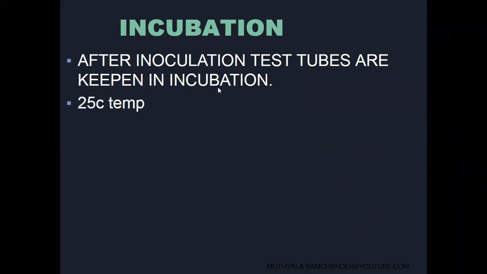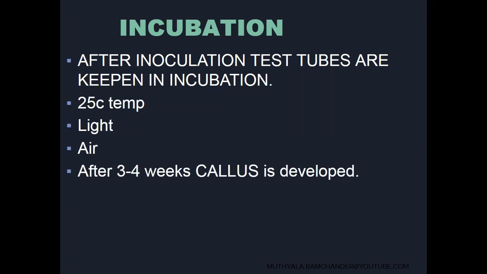In incubation, we artificially maintain a temperature of 25 degrees Celsius, with proper light and proper air. After 3-4 weeks, the explant on the nutrient medium develops into callus. Callus is a mass of cells developed from the explant, which utilizes the nutrient medium.